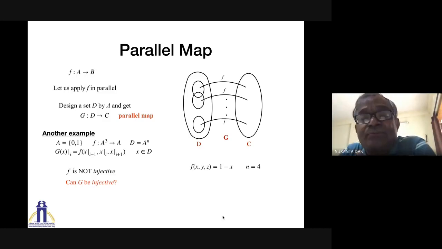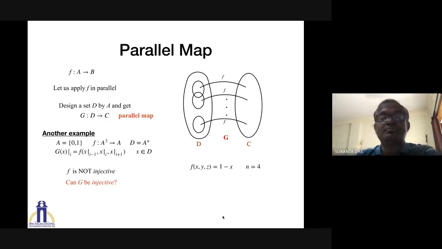Suppose this is my f: f of x, y, z is always 1 minus x. So if x is 0, then f of x, y, z for any y, z is 1. And if x is 1, then f is 0. And suppose n equal to 4. Consider this one, then the previous idea will be clear.